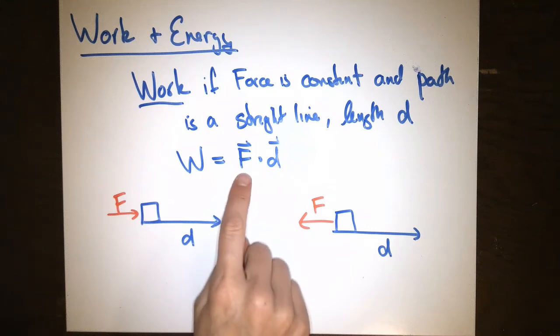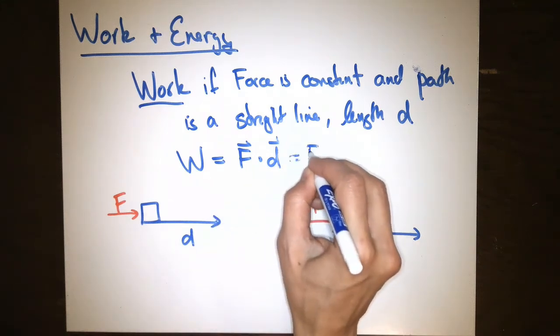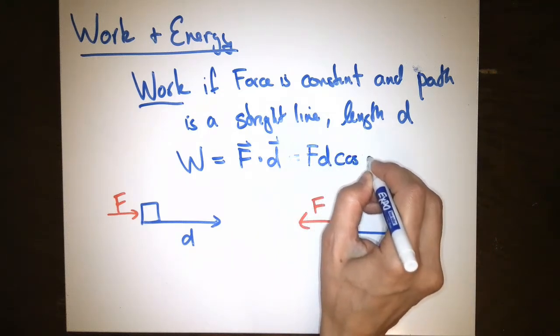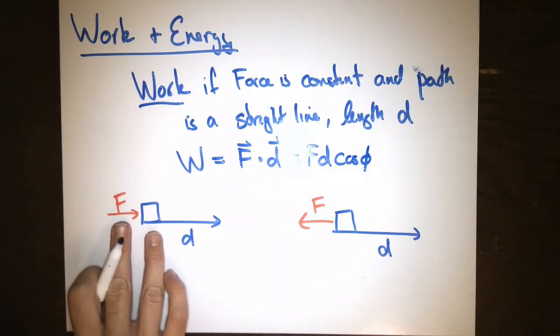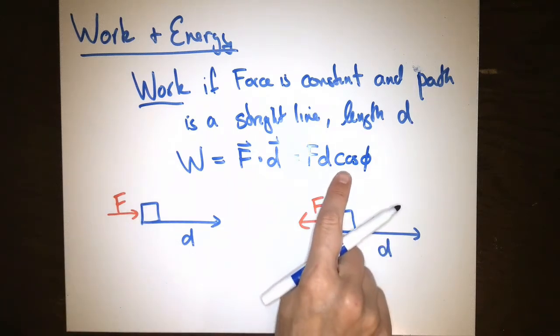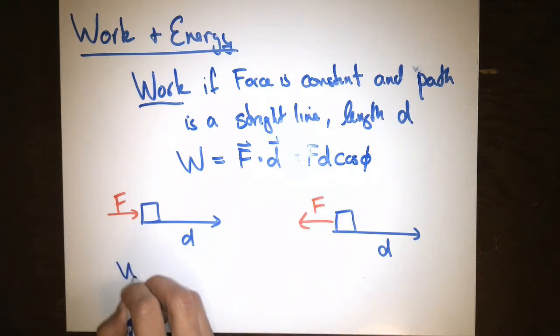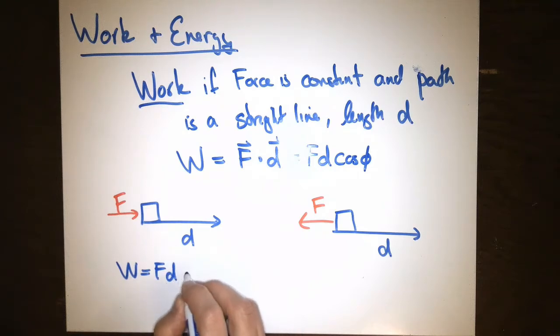So again, we remember this is going to be equal to the magnitude of the force times the magnitude of displacement times the cosine of the angle in between them. Here, the angle in between them is 0, so cosine of 0 is 1. So here, work is equal to the magnitude of the force times the displacement, and it's positive.